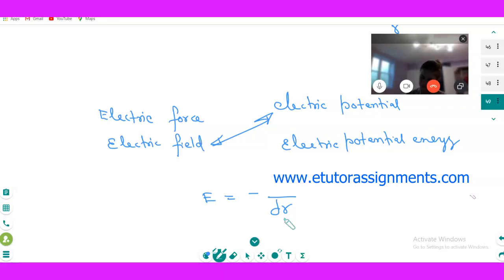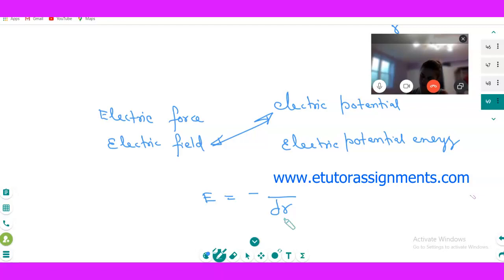Or you can say, the rate of change of electric potential with respect to distance. Rate will not come here; rate generally comes with time.